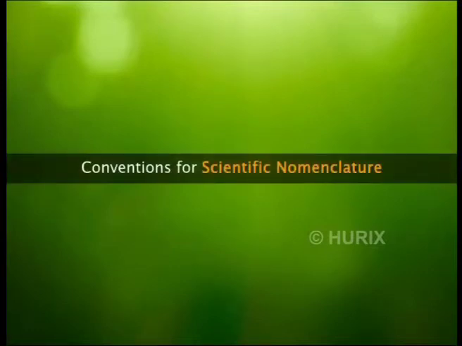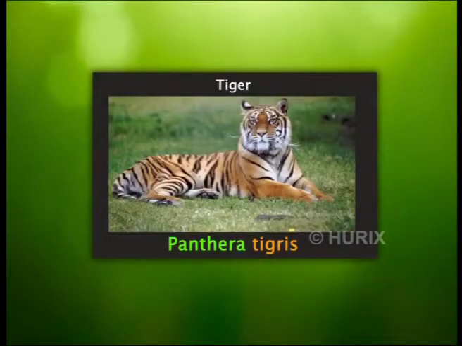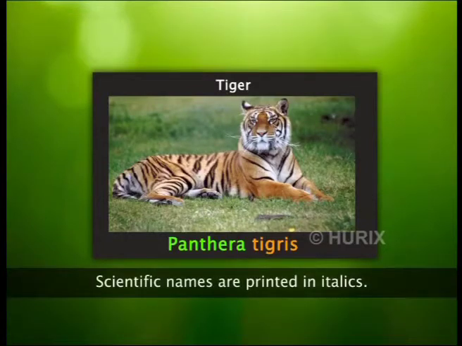Certain conventions are followed while writing scientific names. Let's learn more. Scientific names are derived from Latin. When a name is derived from some other language, it should be Latinized first. When in print, they are written in italics.